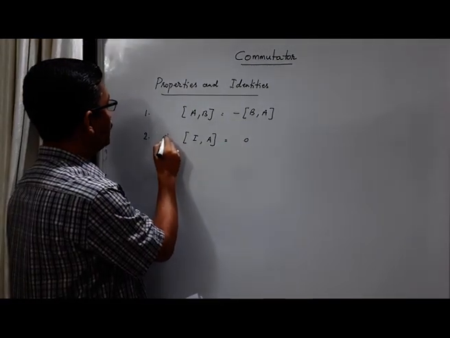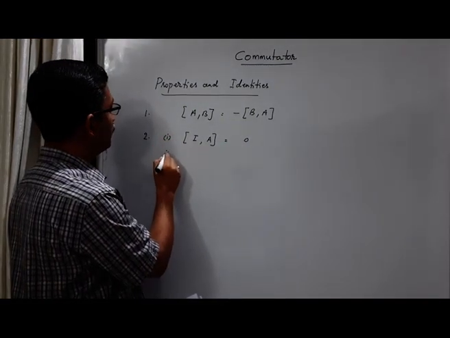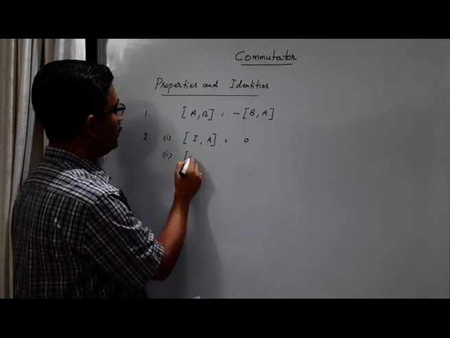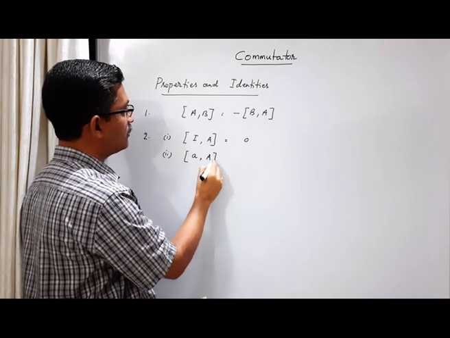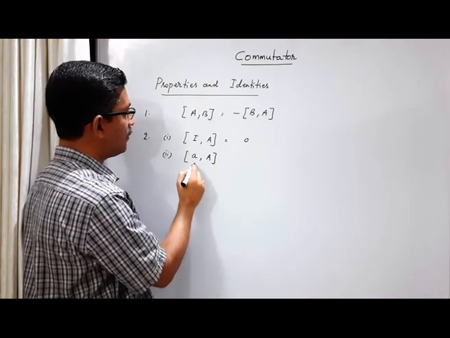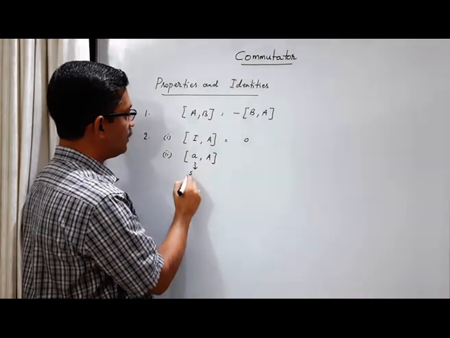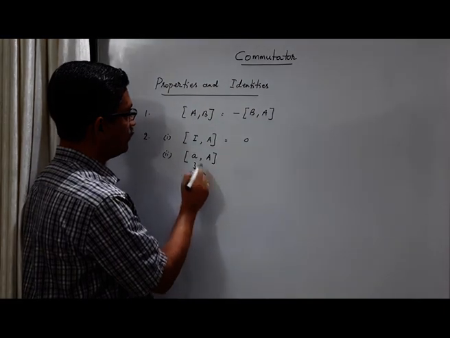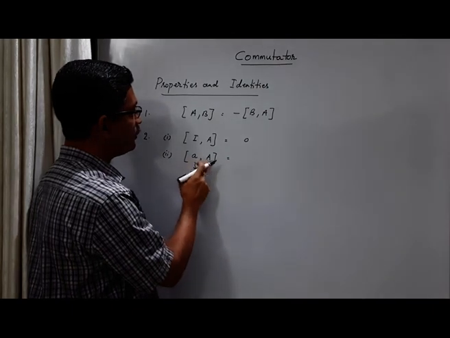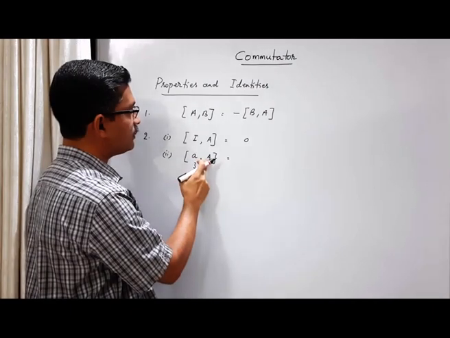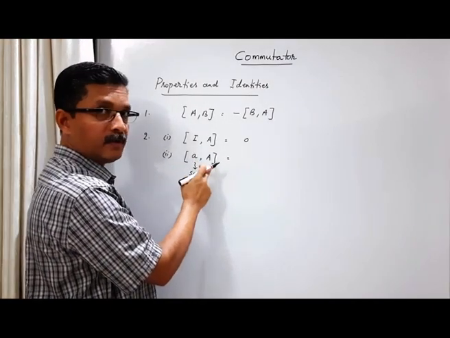And I can add one more here. The commutator between a scalar, small a, and an operator capital A. Small a is a scalar. If you expand, this is a times capital A minus capital A times a.